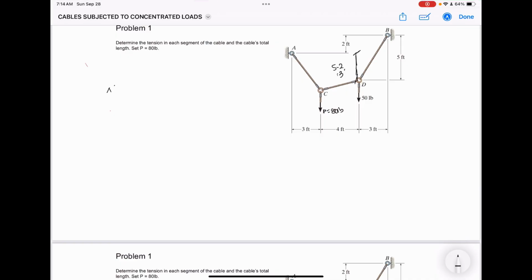We have point A. Then we have point C. And we have point D. Joint D. Then meron tayong force BD. So, meron tayong 3 feet na vertical distance with a 3 feet na horizontal distance. So, we can assume na... no, it's 5 feet. Wala, sorry.